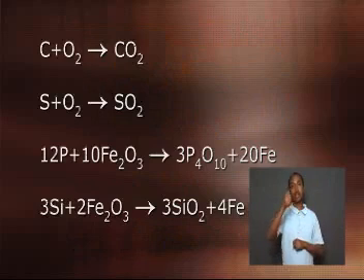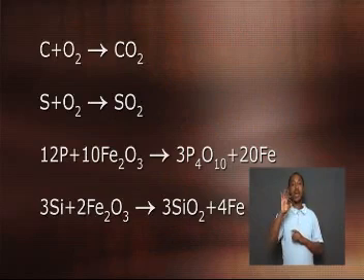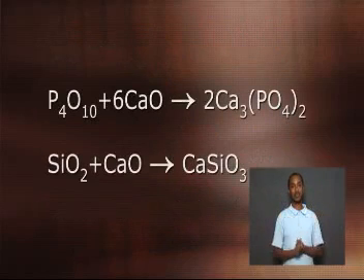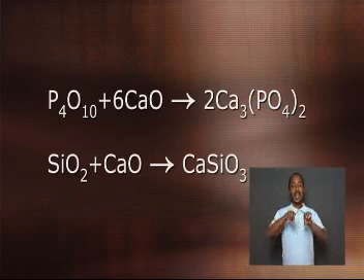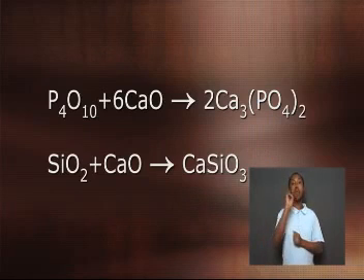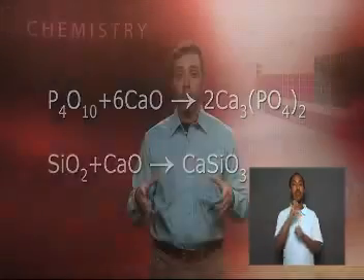This is how the impurities in pig iron are oxidized. Calcium oxide, which is formed by the decomposition of limestone, reacts with oxides of silicon and phosphorus to form slag.